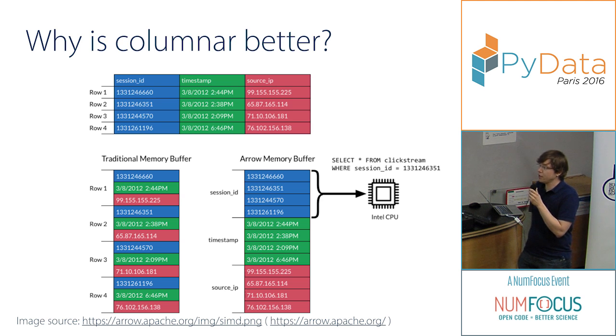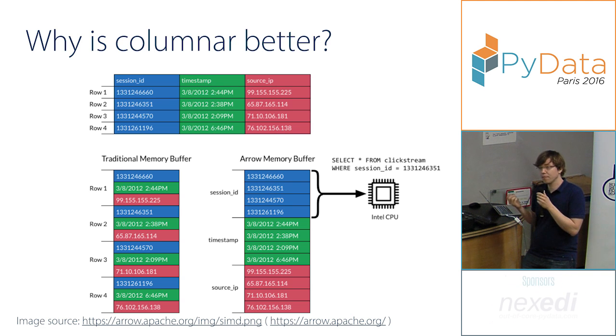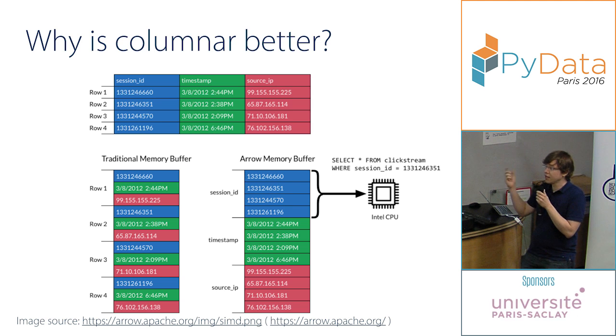And for the typical workload in data science, you normally make an operation on one column, like an aggregate or a scan. And therefore, we want to optimize how the CPU can access this memory and how we can work on the memory. Columnar form is beneficial here, because if we're just working, for example, on the session ID, we will load a large chunk of that through the memory bus into the CPU.